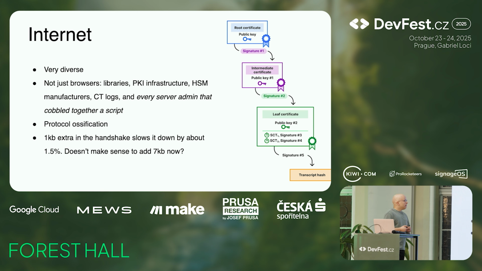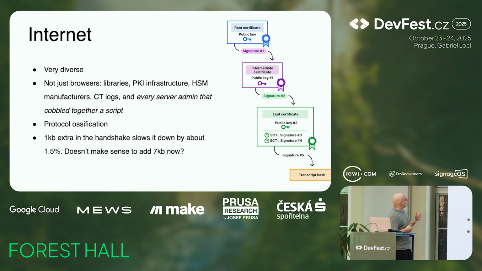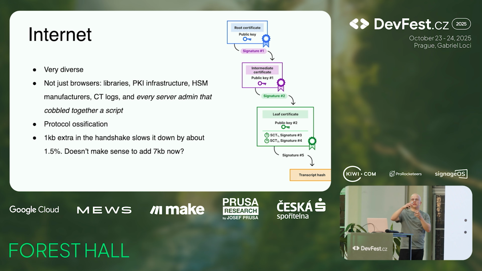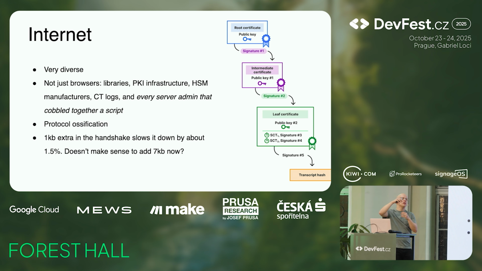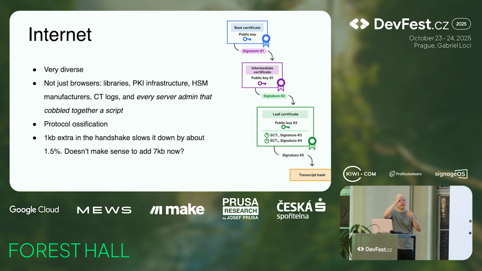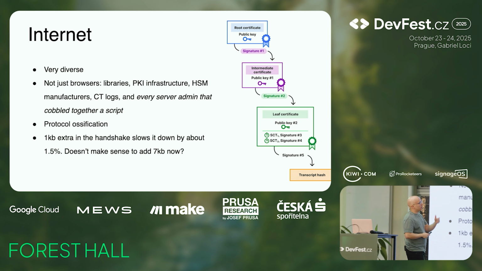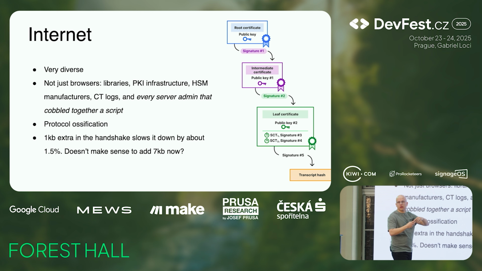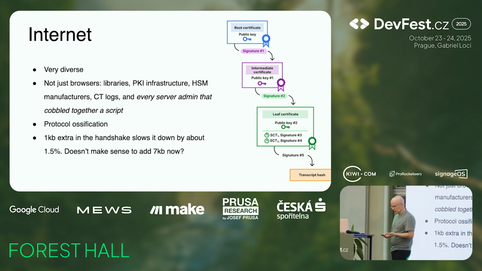So the main problem with the internet is these certificate chains, right? When you do an HTTPS connection, you receive a certificate, and this certificate is signed by another certificate, and that certificate is signed by some authority. You would have to apply all those post-quantum signatures to those certificates to make the whole thing quantum safe, right?